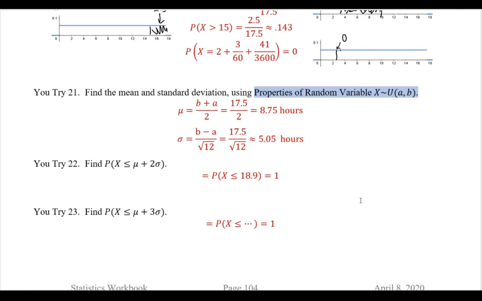For you try 22, the probability that x is less than this number, which turned out to be 18.9 hours, will be 1 because it can only go all the way up to 17.5. So if we were to go even farther than that, I don't even need to compute what this number will be because the probability of x being less than it will certainly still be 1. And it turns out that this number actually will be 23.9, I believe.